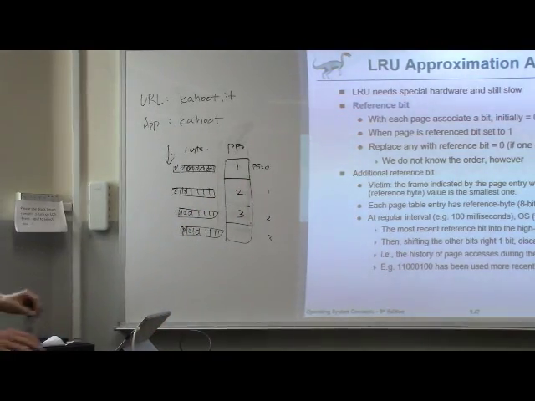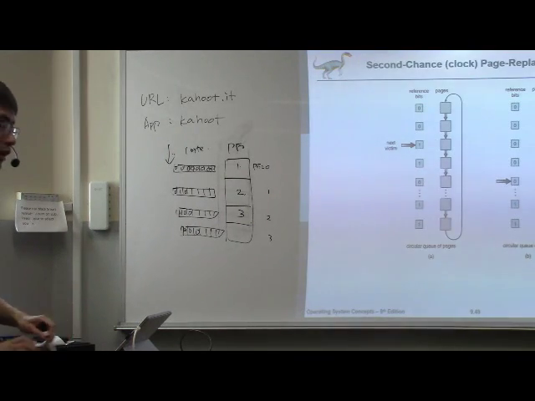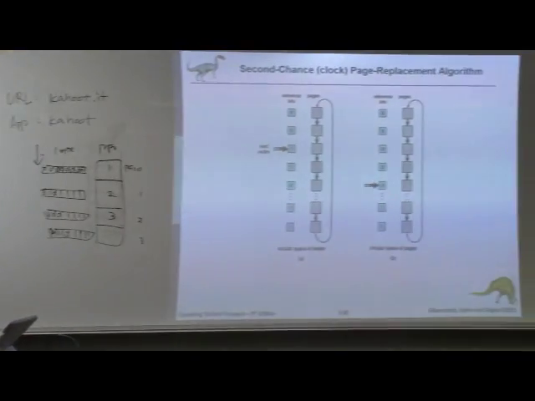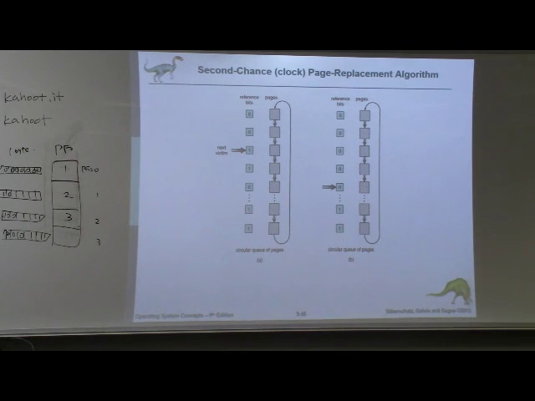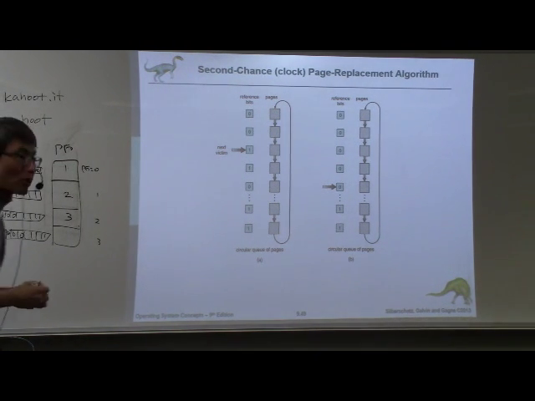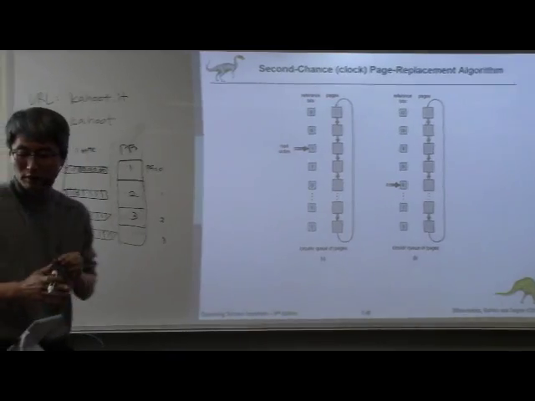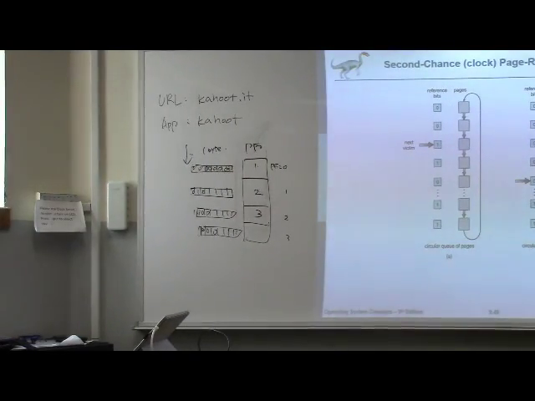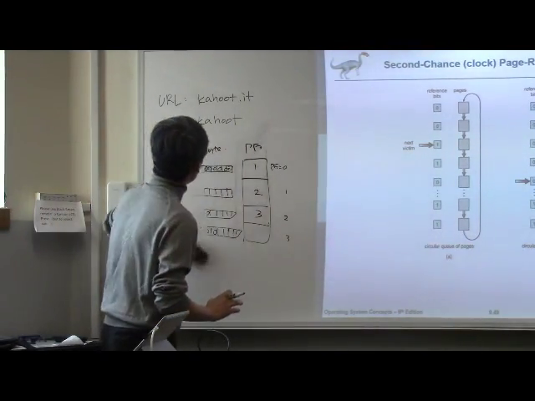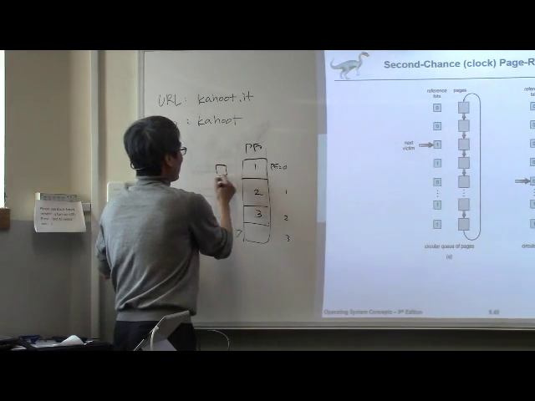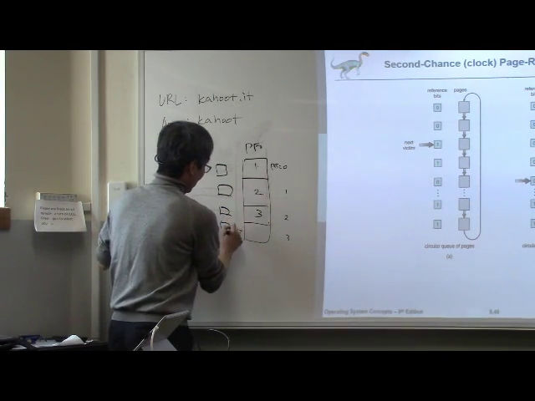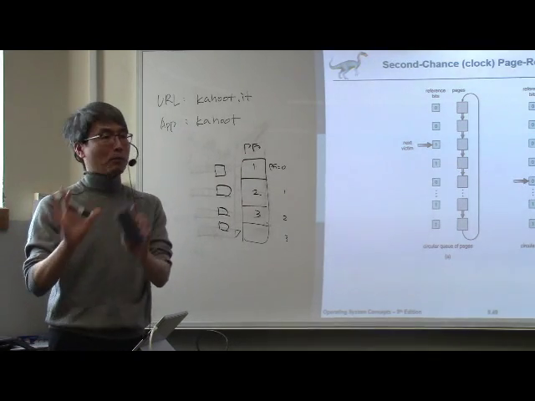Another approach for LRU approximation is the second chance page replacement algorithm. The idea is that we are going to assign 1 bit, even just 1 bit per page frame.